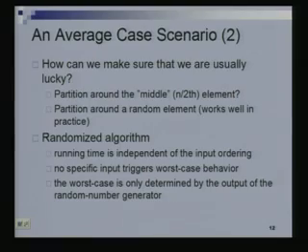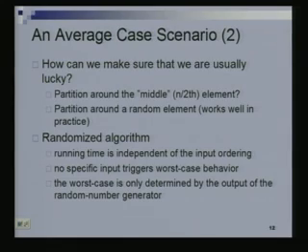Sorry, I still need to say a little bit more before I get to expected time. So what is the best thing to do? We said we will be lucky when we always partition half and half. So the best thing to do would be to find the median element as the pivot. Pick the median element as the pivot, and that will break up my array into two equal parts, and that would be great.